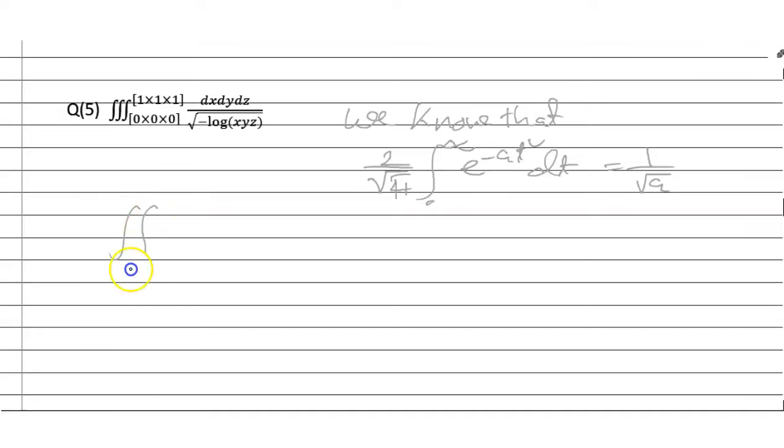So 0 to 1 and 0 to 1, 2 by root over pi, 0 to infinity e to the power minus log xyz into t square into dt into dx into dy into dz.